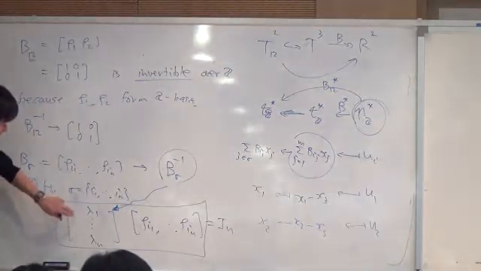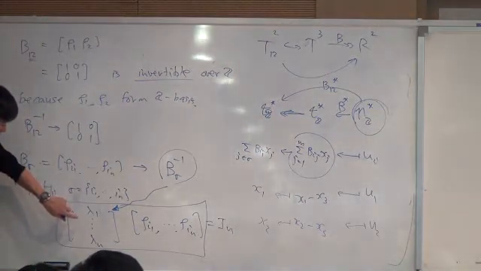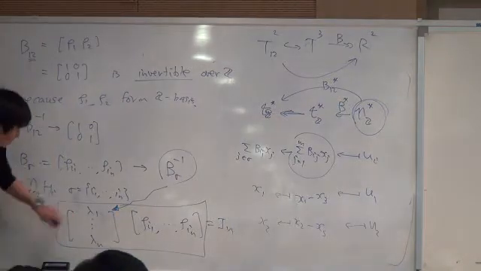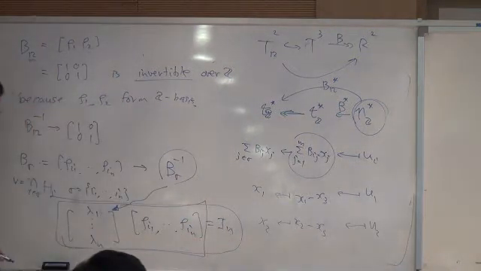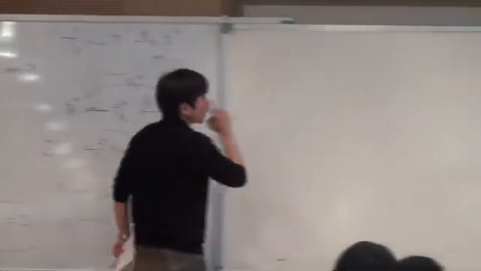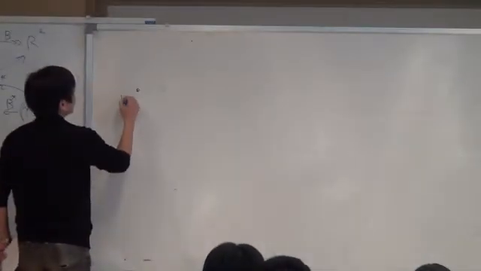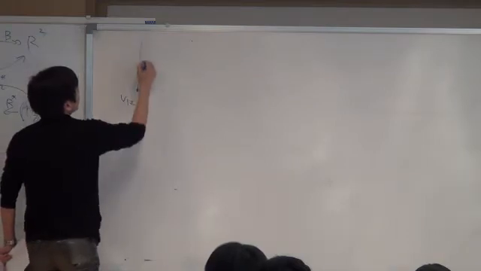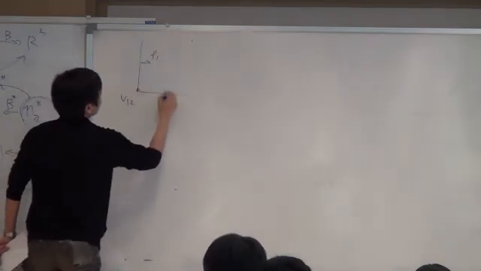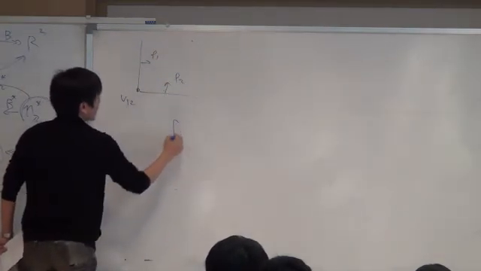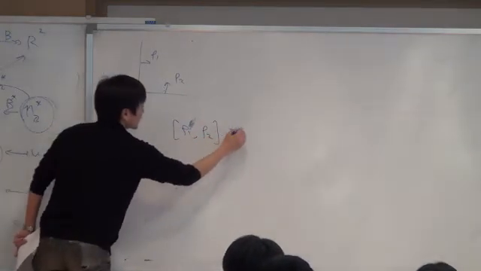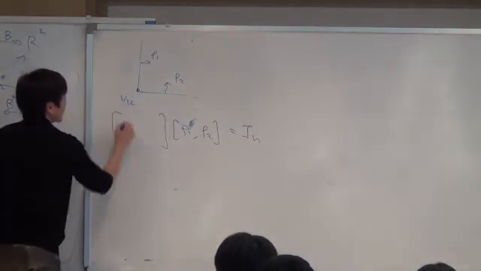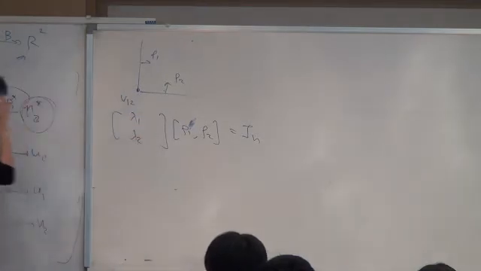But the idea is, when you look at this equality, you have this V12, and here you have row 1, here you have row 2, and row 1, row 2 equal this, and lambda 1, lambda 2.